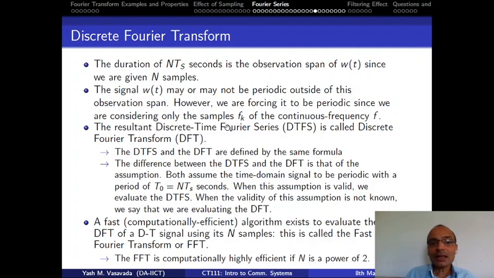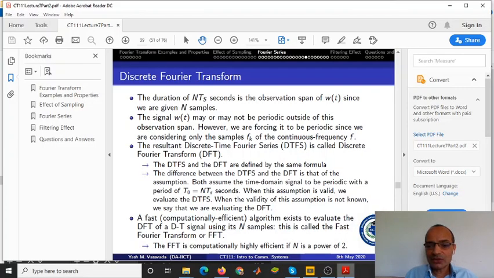And effectively we are evaluating DTFS. DTFS and discrete Fourier transform are one and the same thing. The only difference is that for DTFS, our assumption that the signal is periodic in time domain with a period of t naught seconds is actually correct. For DFT, we are just hoping that it is correct. It may not be correct. Okay, so that is where we will stop this video.